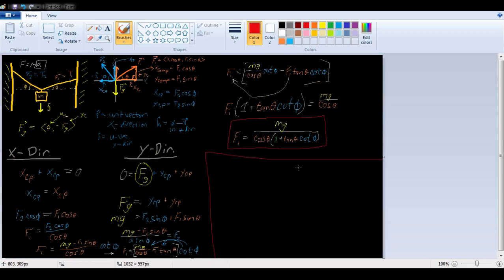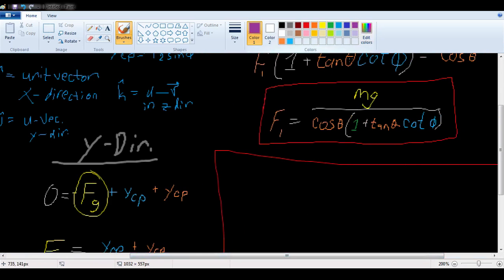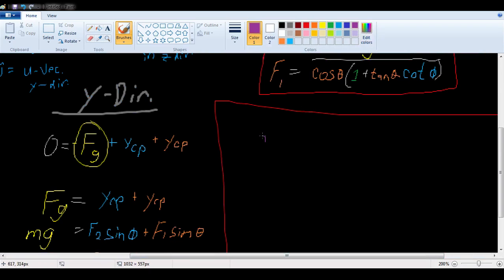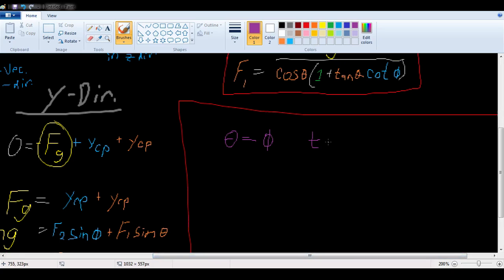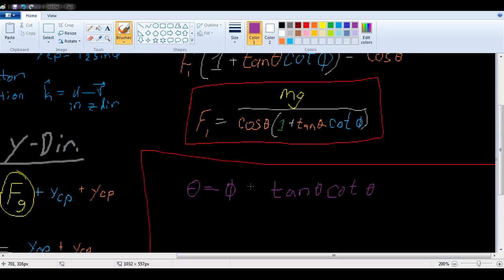Now, as a quick aside, let's say that these strings are mounted at the same point, and you introduce a new condition: your theta is equal to phi. Well, you know that tangent theta times cotangent theta, because they're inverse functions, the inverse of the other, those are going to cancel and become 1.